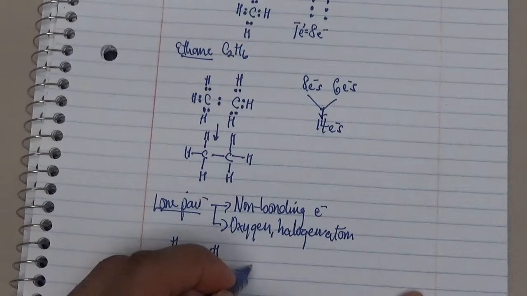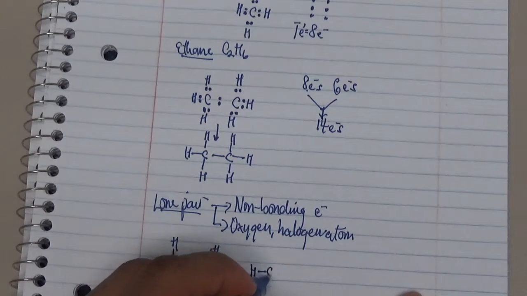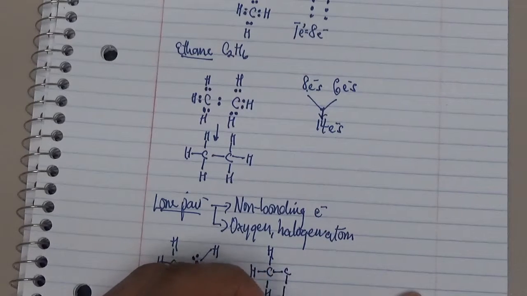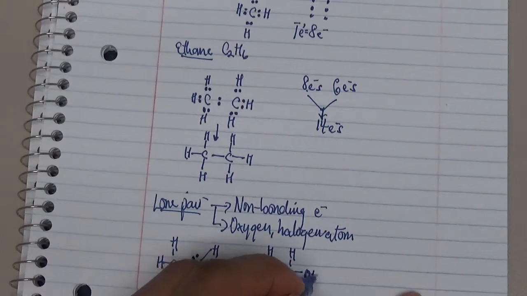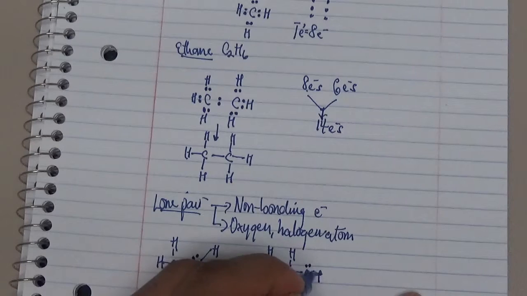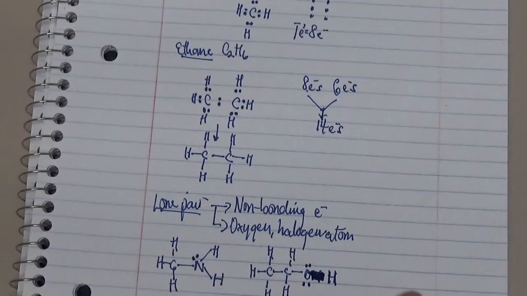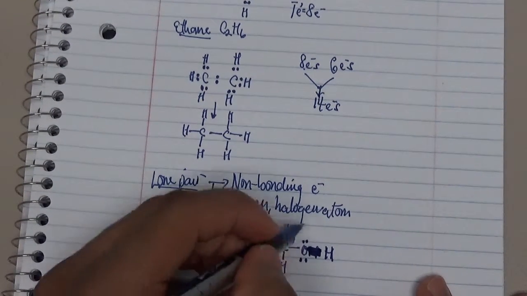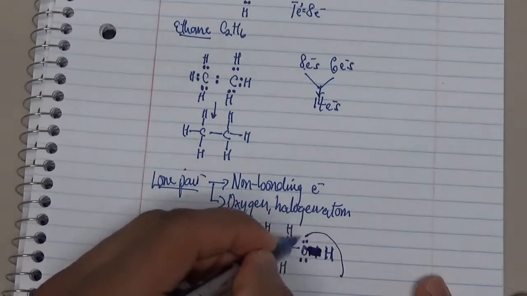And next we have ethanol, which can be used as a solvent in any chemical reaction. So in here, let me put a dash here, this is not hydrogen, this is a dash, which is a bonding pair to a hydrogen. In this case here we have two lone pairs.